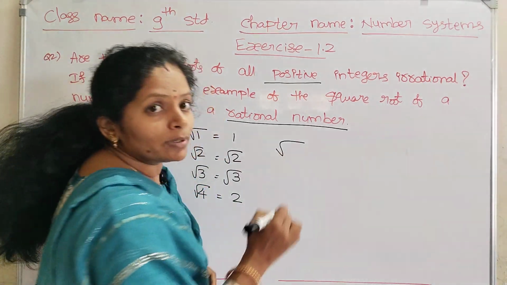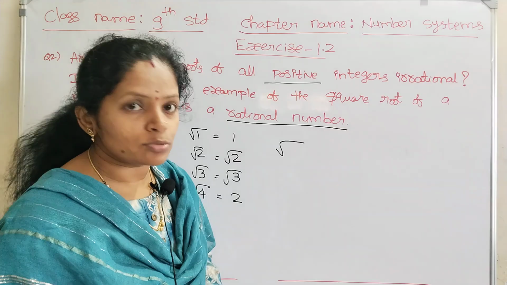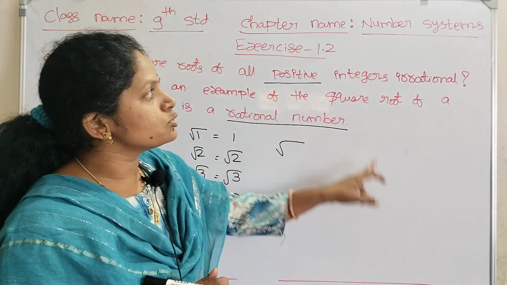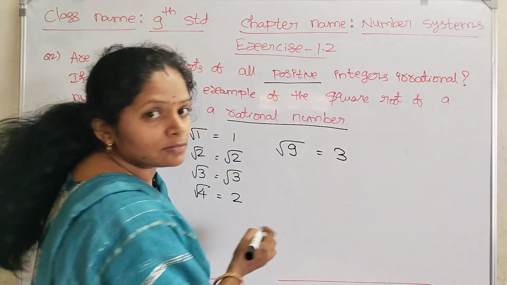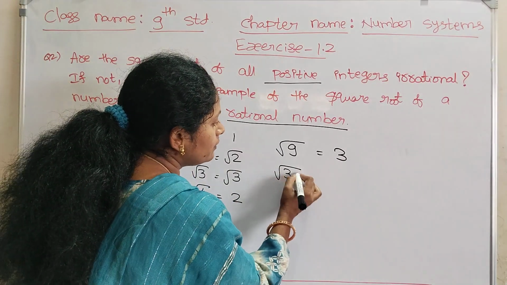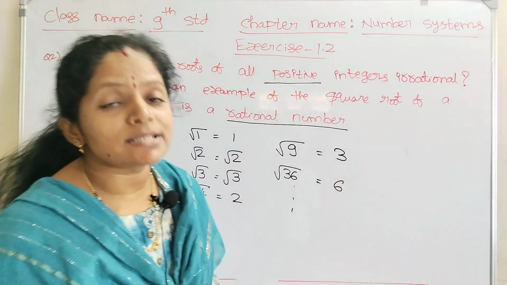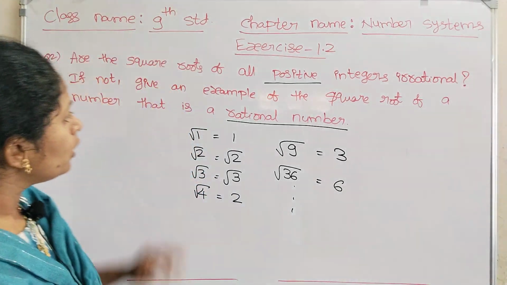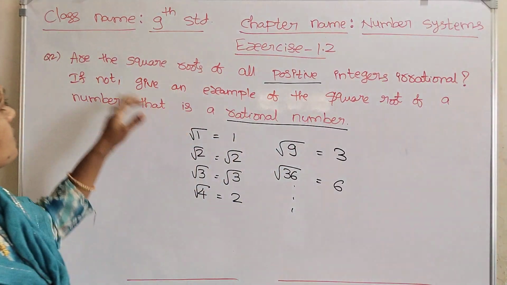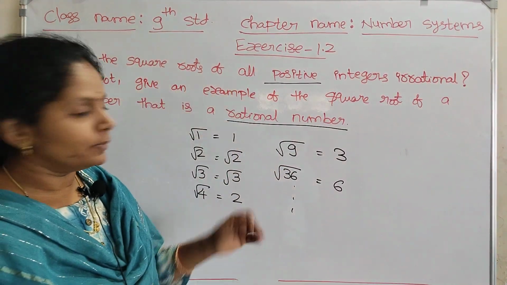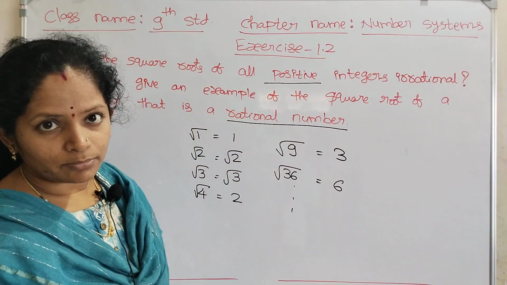Likewise, the numbers which are perfect squares are rational numbers, not irrational. Root of 9 we can write as 3. Root of 36 is 6, and so on. Many examples are there. So you can write any one example because it is asked: if not, give an example which is the square root of a number that is a rational number.